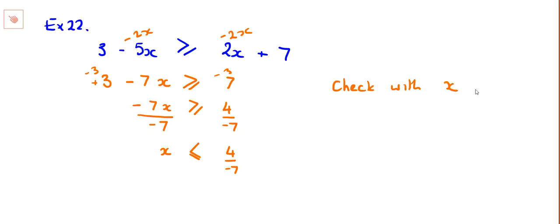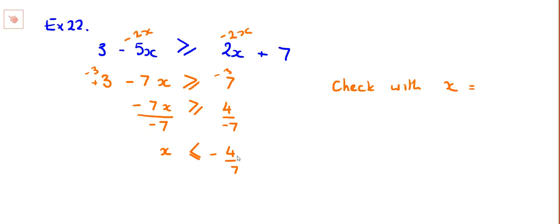Check with x. So x has to be something less than, well, if I've got a minus here, are you all okay if I get rid of the minus and put it somewhere else, like up here? So it's just minus 4 over 7. Because if you've got a negative anywhere in the fraction, you can just put it there. So what if I said I need a value that's less than minus 4 over 7?